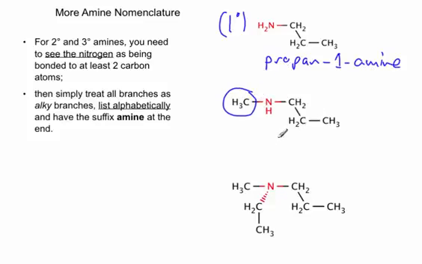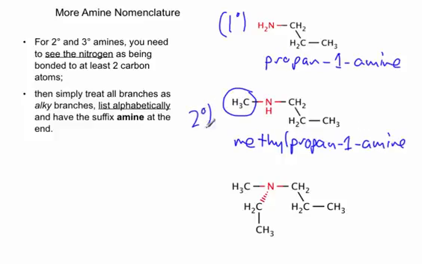Everything else is the same. So this simply becomes methyl propan-1-amine. And so it's a secondary amine because the nitrogen has this propane group, which makes it a propanamine, but it also has another carbon-containing ligand, a methyl group.